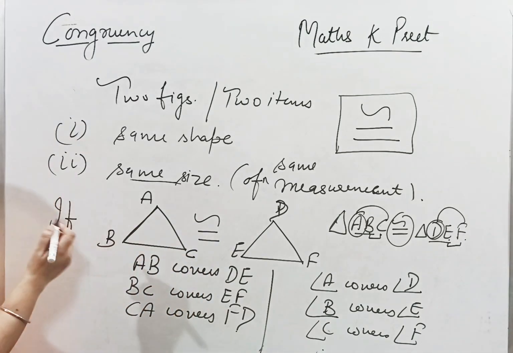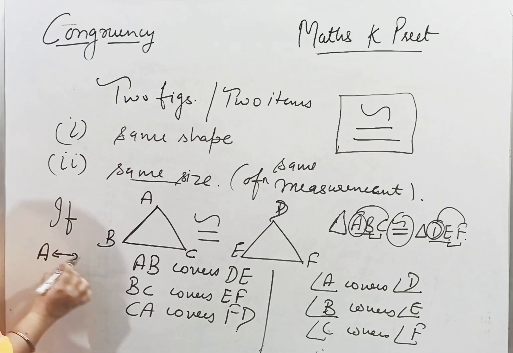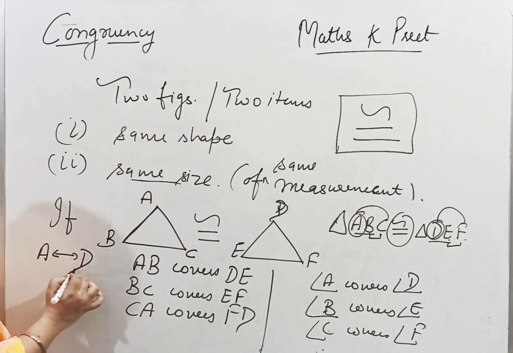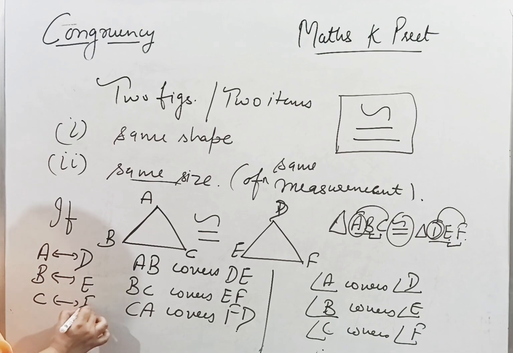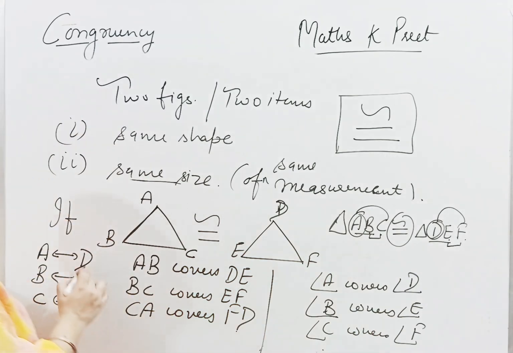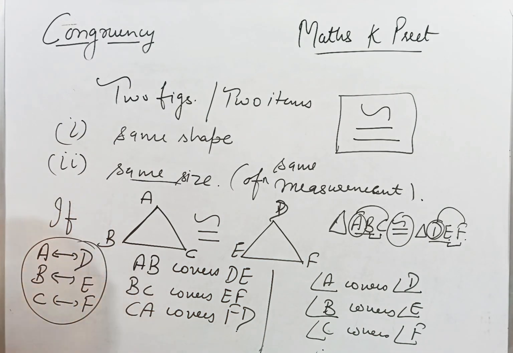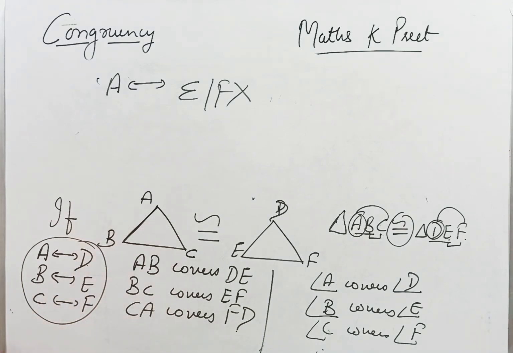I am writing here triangle ABC is congruent to DEF, means vertex A is corresponding to vertex D, B is corresponding to vertex E, and C is corresponding to vertex F, where I am writing from here A to D, B to E, C to F. This is the 1-1 correspondence of vertices when we are having two triangles as congruent to each other. So from this naming of the triangle, we are getting the correspondence of vertices.